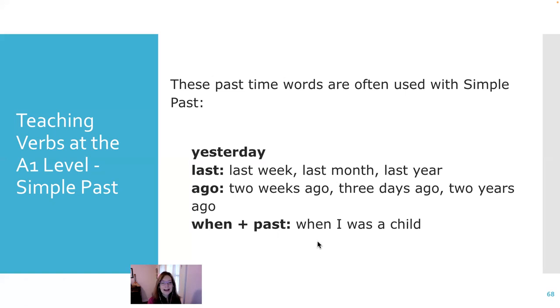Or when I lived in Australia, I was near the sea. So when is another one of those clue words. And so we can talk about those, and those are clues when they should be using the past tense.